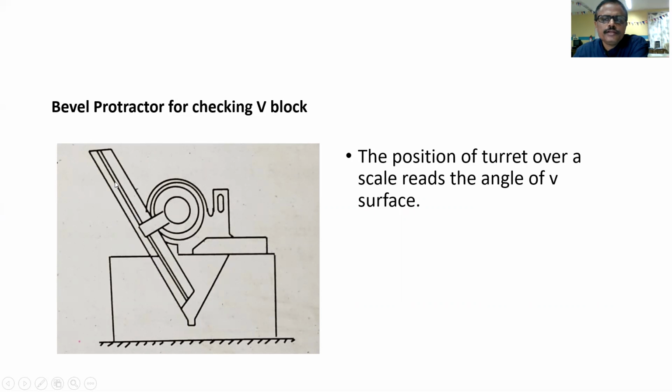You keep the bevel protractor in this position, and the position of the turret over the scale reads the angle of the V surface. So this is a simple arrangement for the measurement of a V block.